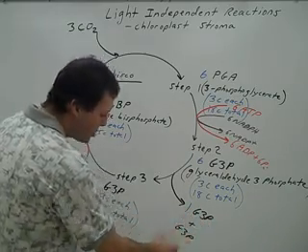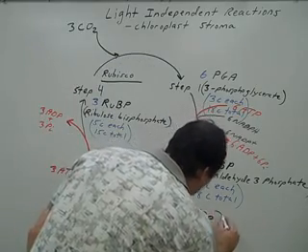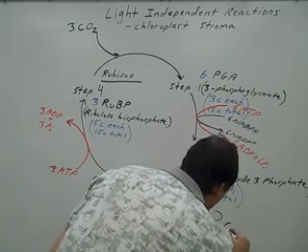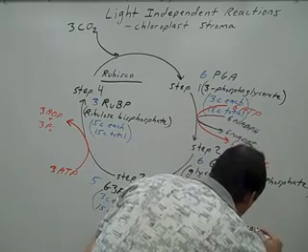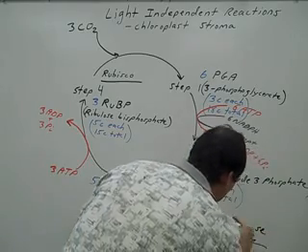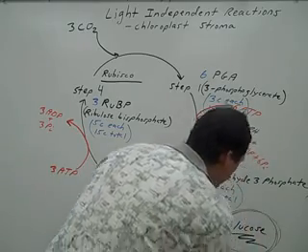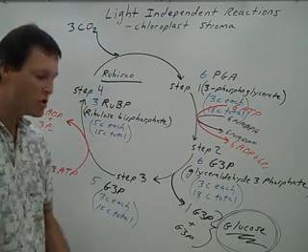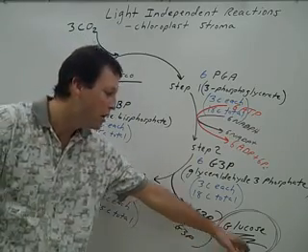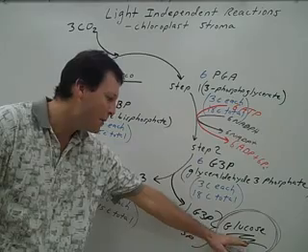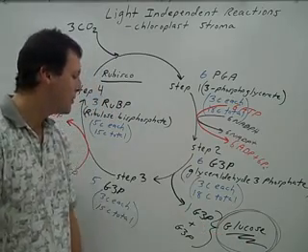These G3Ps are going to be undergoing chemical reactions, and ultimately that is what's going to give us glucose, which is what our goal is all about: to store the energy of sunshine in the form of chemical energy in the chemical bonds of glucose.